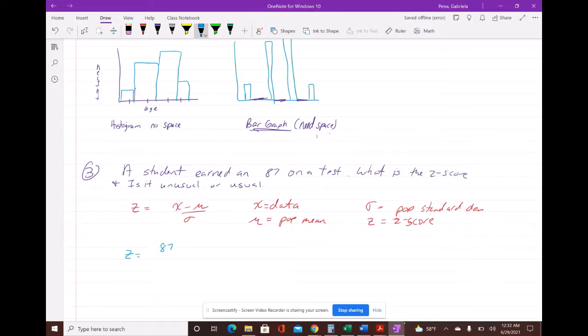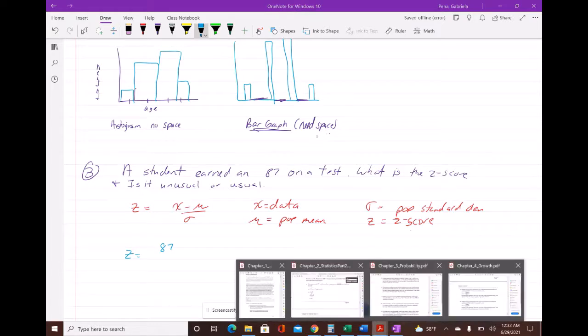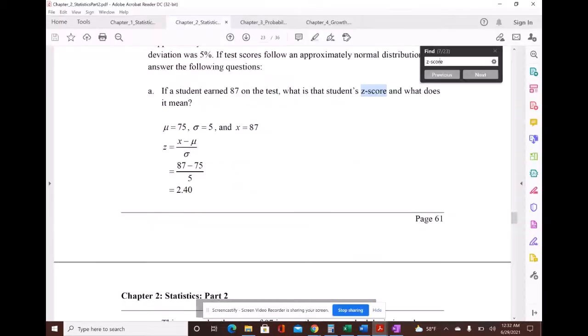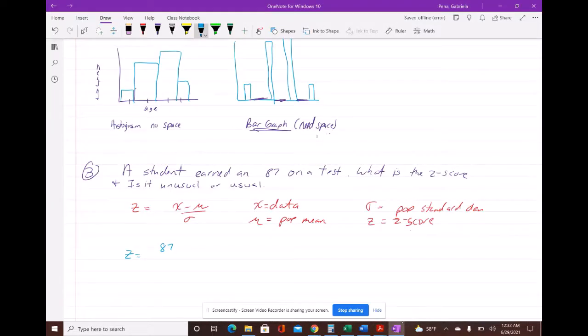And I should have told you what the standard deviation is. Give me 1 second, because it is here, standard deviation is 5. So I'm working out problems.